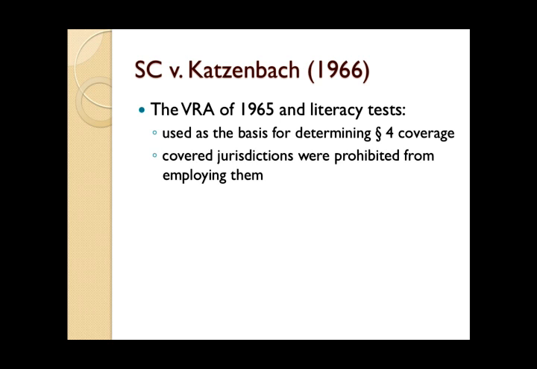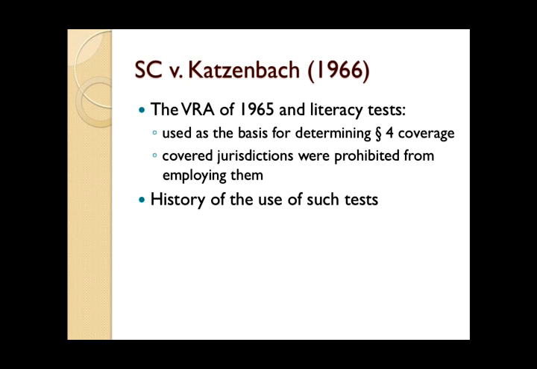And if a state was one of these covered jurisdictions, then it was prohibited from using literacy tests for 5 years. Right? And the court says Congress was perfectly free to make that sort of determination. It was well known that literacy tests were used to discriminate, even though the court in Lassiter had said that literacy tests aren't inherently discriminatory.